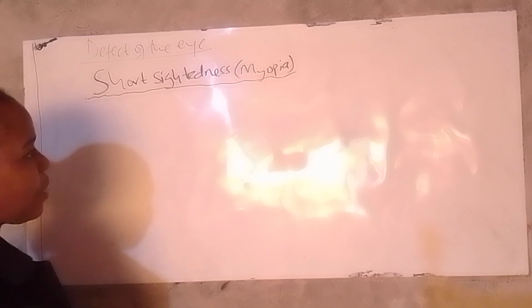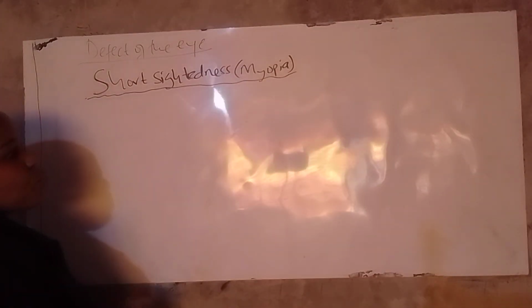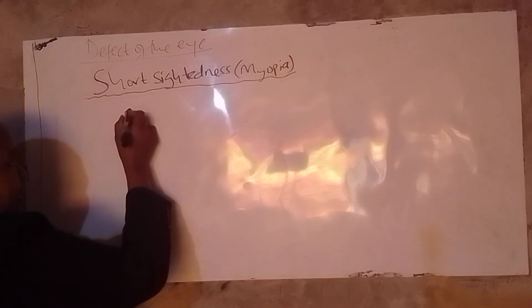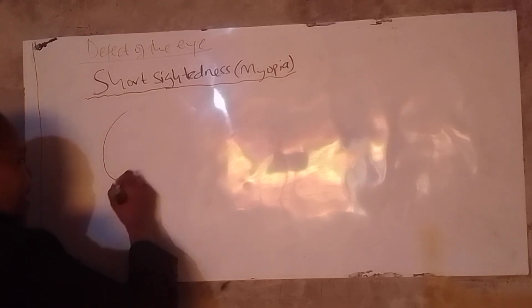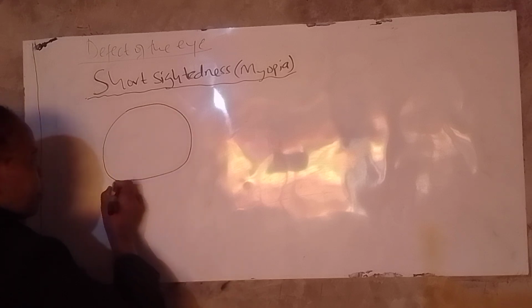Now, if we draw the eye again, the normal eye. Of course, I'm not going to draw the diagram like I drew in the last lesson. We are drawing a simplified version of the eye. It's more of a ball.